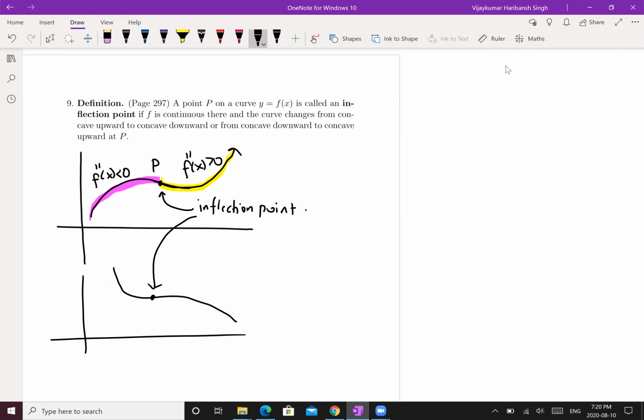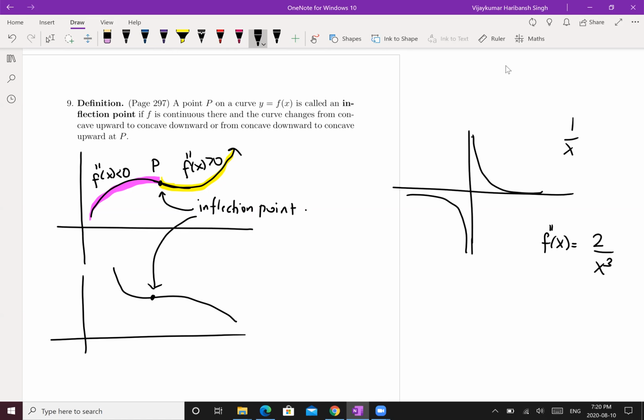Now if your function is continuous enough, and the second derivative is continuous as well, then before it changes from less than 0 to greater than 0, the second derivative should be 0. Or in this case, if you look at 1 over x, the first derivative is minus 1 by x squared, and the second derivative is 2 by x cubed.